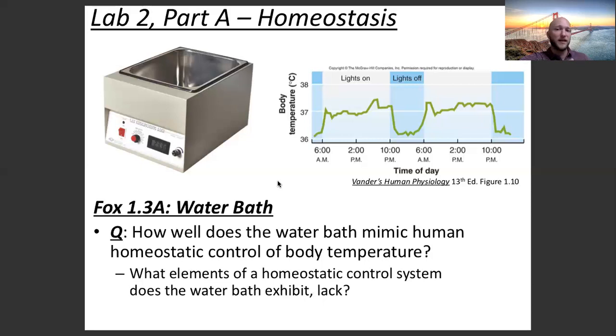Just anything that pushes your body temperature down. How does your body respond? Well, your body's going to detect that change, and it's going to heat your body back up, either through shivering or by putting on more clothing or changing your environment, standing closer to a fire. Your body's going to do something to help bring that temperature back up to a normal level.